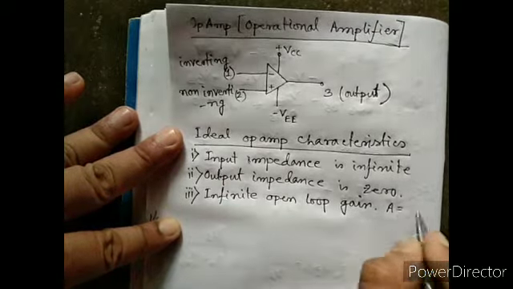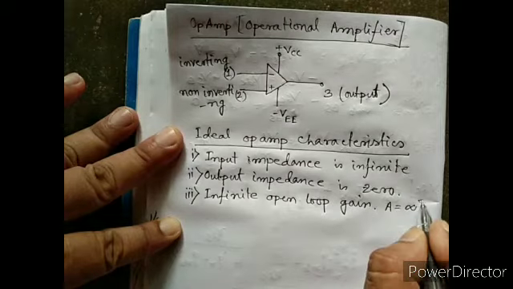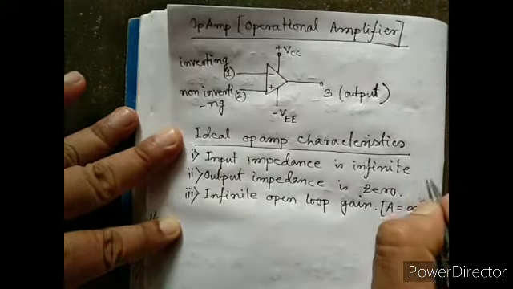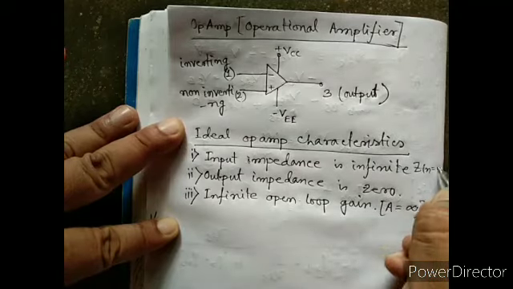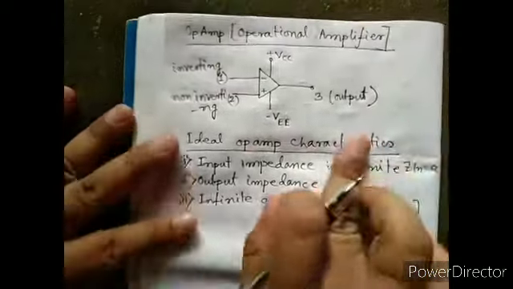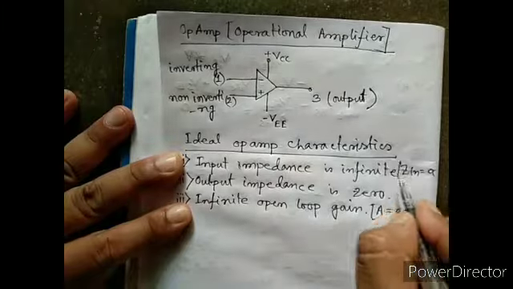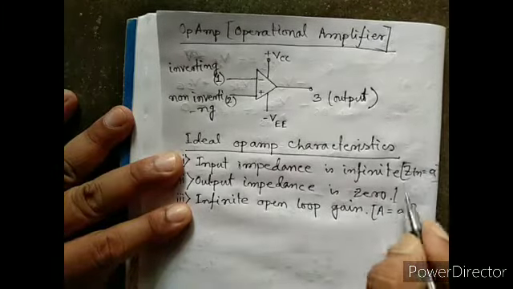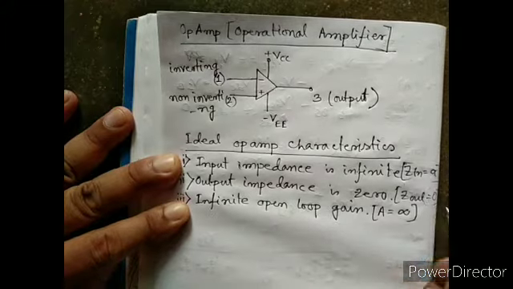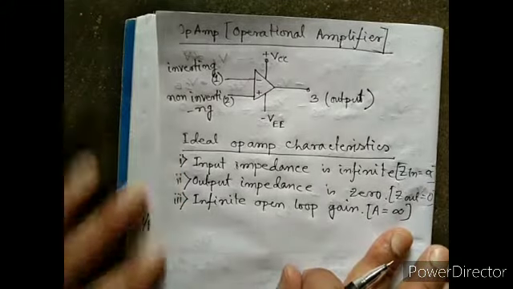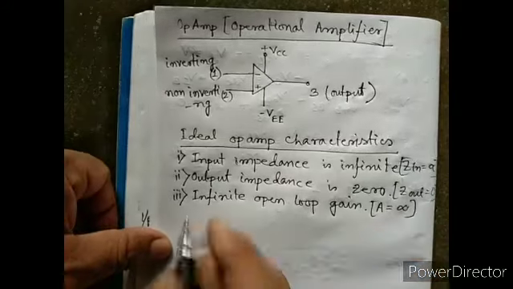So A goes to infinity. Z in equals to infinity. Z out equals to 0.